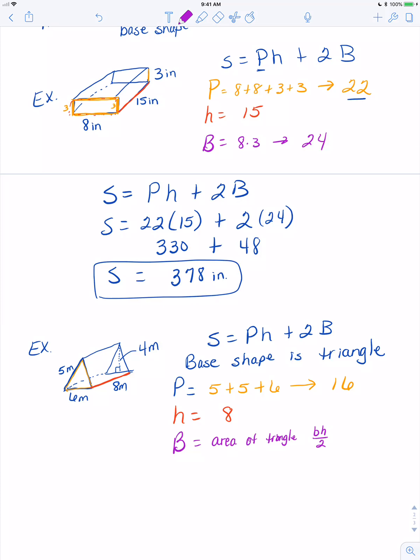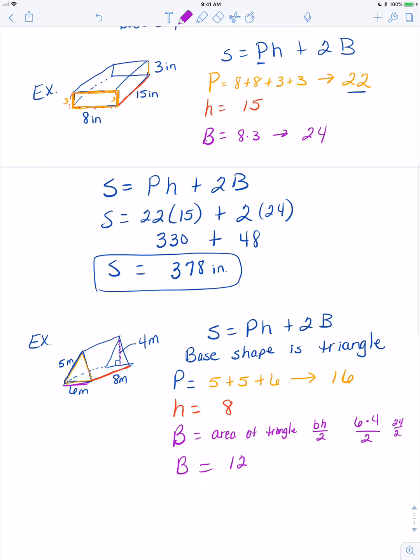Would be this, 6, times the height of the triangle, which is this line here, 4, and divided by 2. Well, 6 times 4 is 24, divided by 2, so that is 12. Okay, so B is 12.